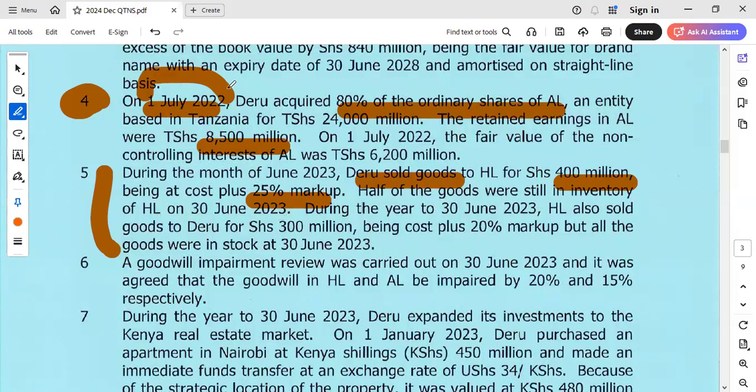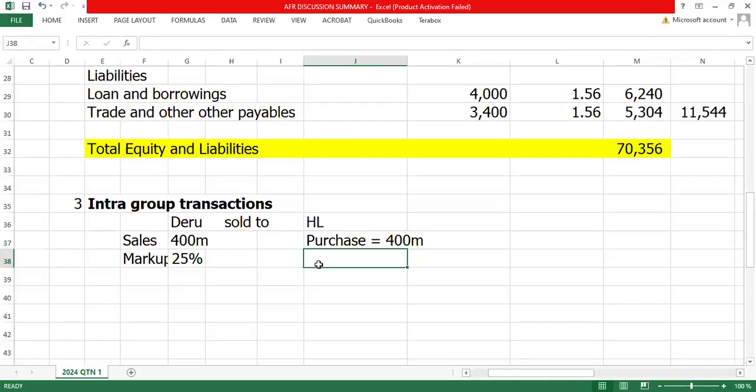So half of the goods. So we need the closing stock or the closing inventory, which is half. If you get a half of 400 million, you remain with 200.